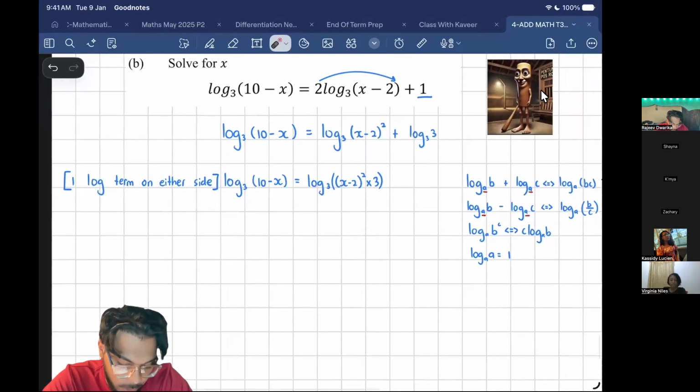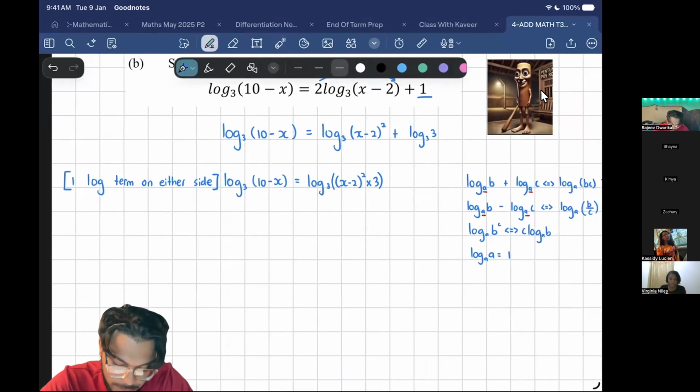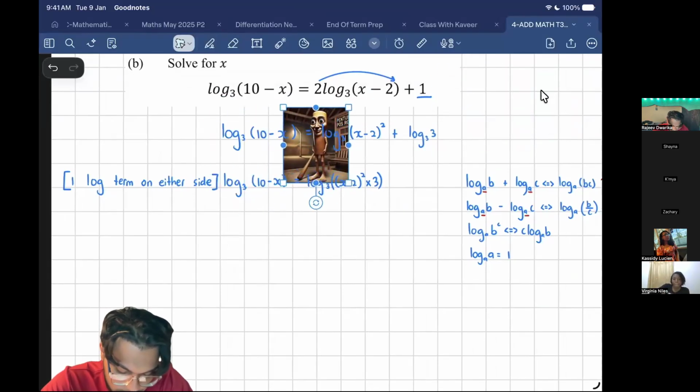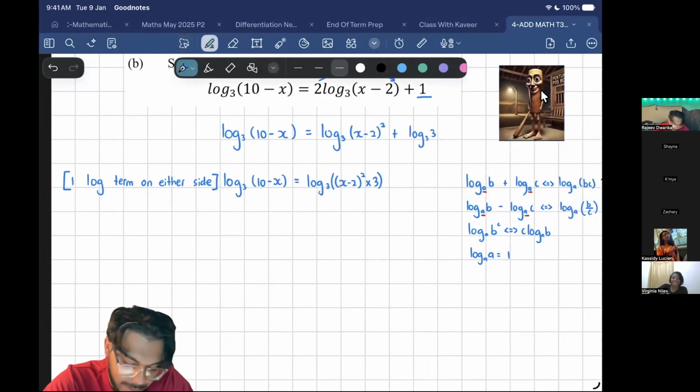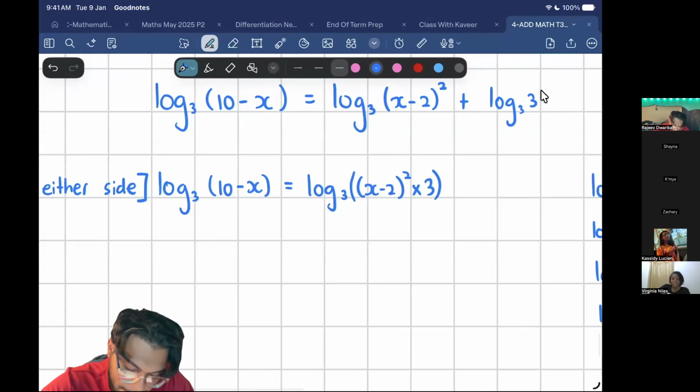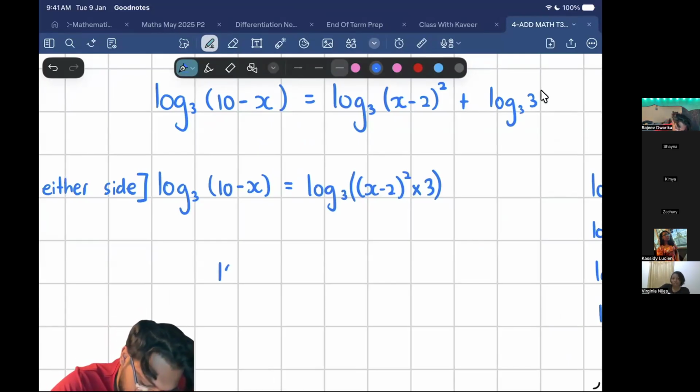So what does the problem now become? What would the next line look like? 10 minus x is equal to x minus 2 squared by 3.